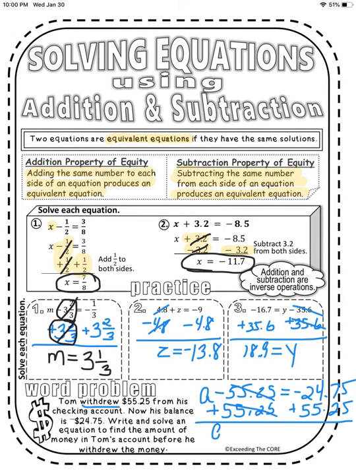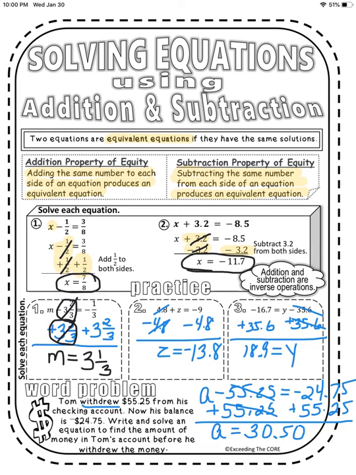A is now by itself, equals. I know when I combine what's on the right side, I have a positive and a negative number. Positive number is bigger, so therefore my answer will be positive. And then I'm just going to do 55.25 and subtract 24.75. And I get the answer of $30.50.